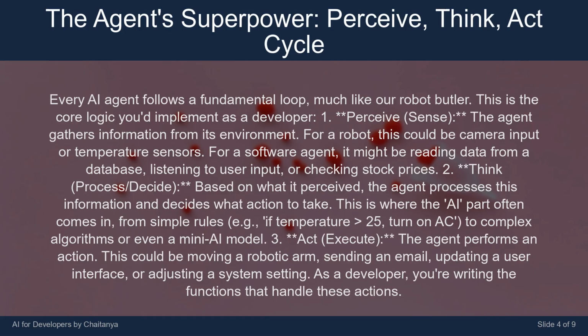Act. Execute. The agent performs an action. This could be moving a robotic arm, sending an email, updating a user interface, or adjusting a system setting. As a developer, you're writing the functions that handle these actions.